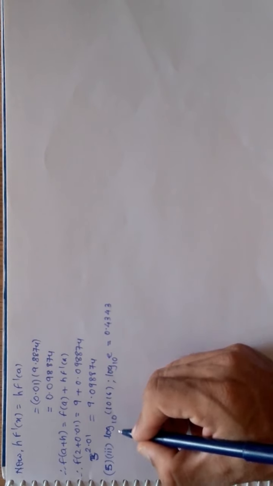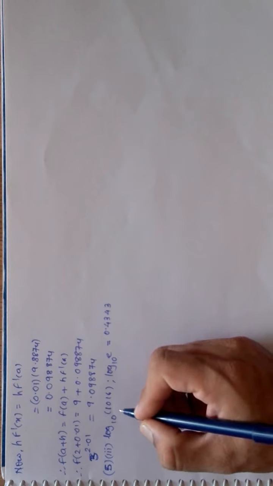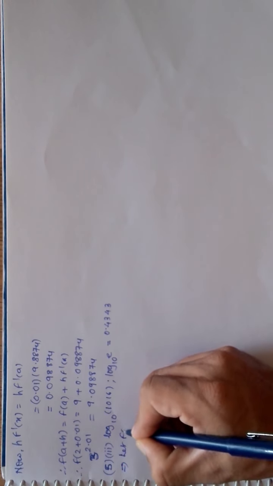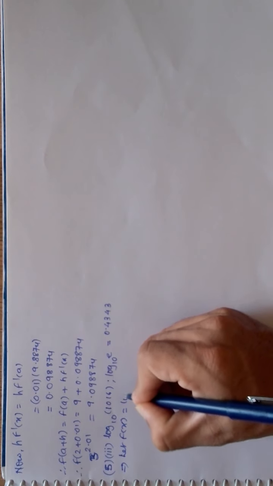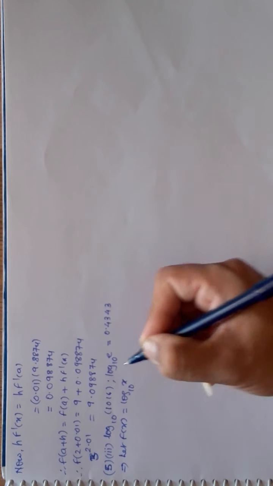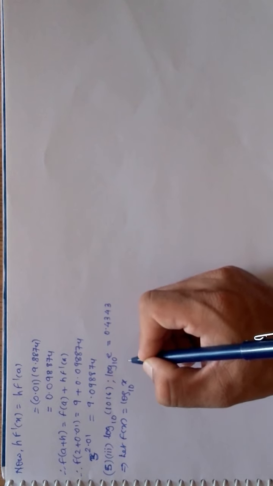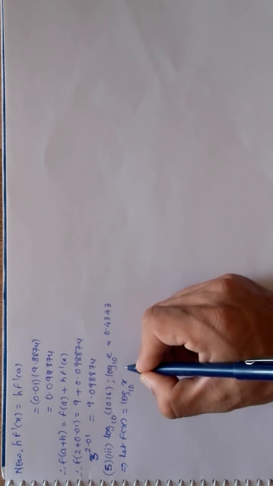Now let us go to one of the interesting questions. The question says log of 1016 to the base 10. So let us define first. Let your function of x be log x to the base 10. Agreed. You can convert it if you want, otherwise keep it as it is.